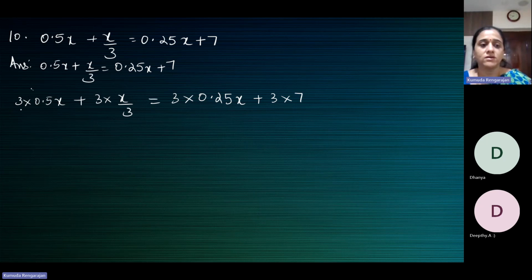Then what is 3 5 is 15. 3 into 0.5 will be 1.5x. 3 and 3 cancel.